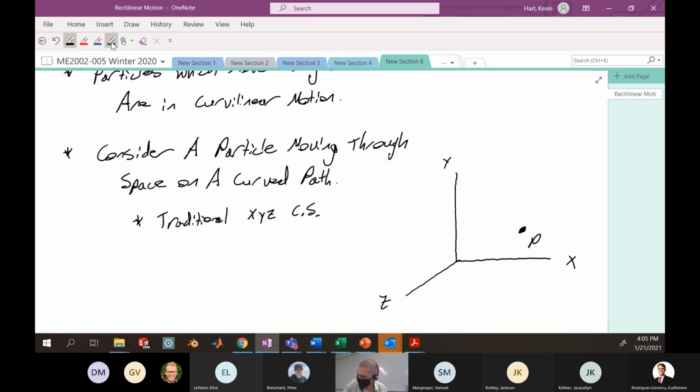And it's moving along some curved path. Let's make the curved path here in green. So here's my curved path this particle happens to be moving along. And let's say that it's moving from P to P prime in some time interval delta t.